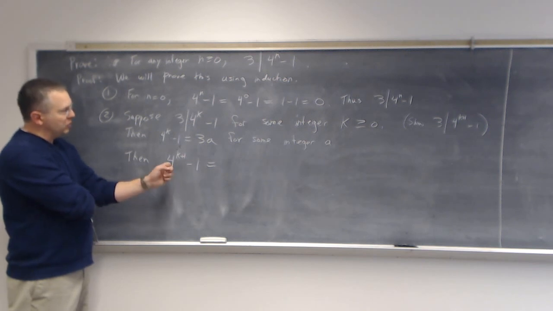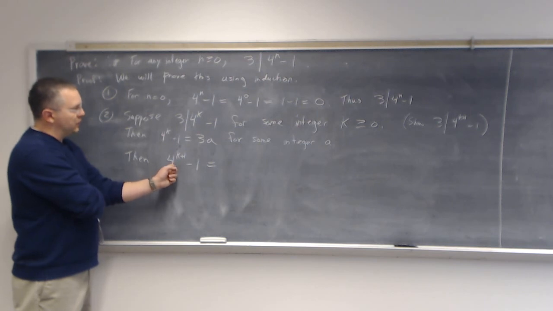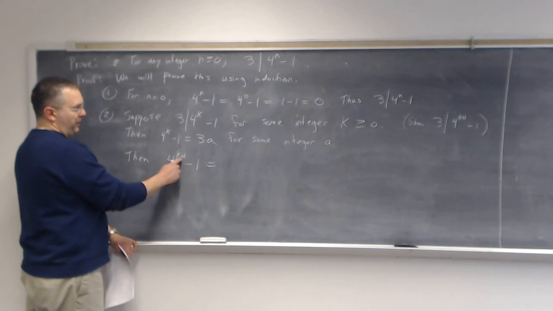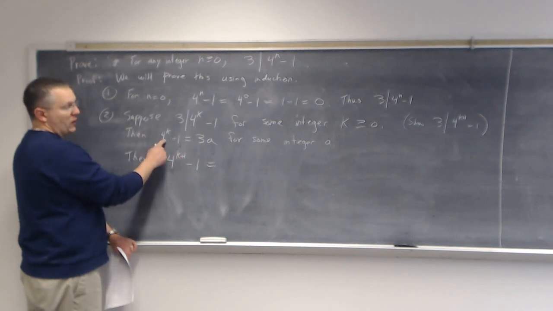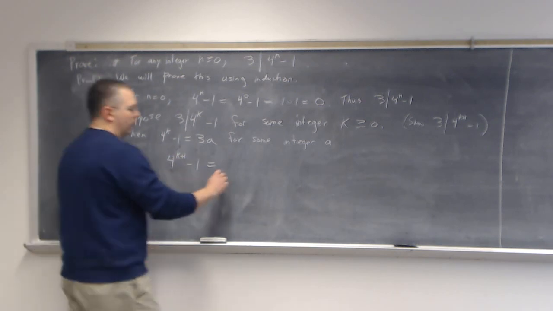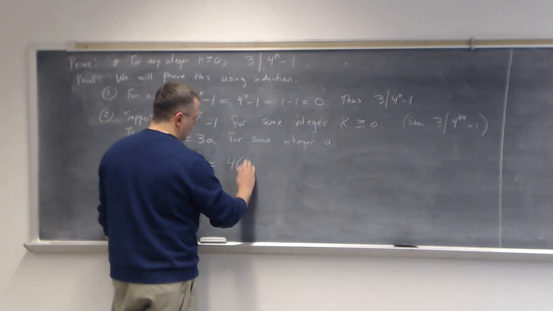Think about your exponent rules. 4 to the k times 4 would equal 4 to the k plus 1. You have an extra factor of 4 here than you had over here. So think about this: 4 to the k plus 1, I'm going to think of that as 4 times 4 to the k.